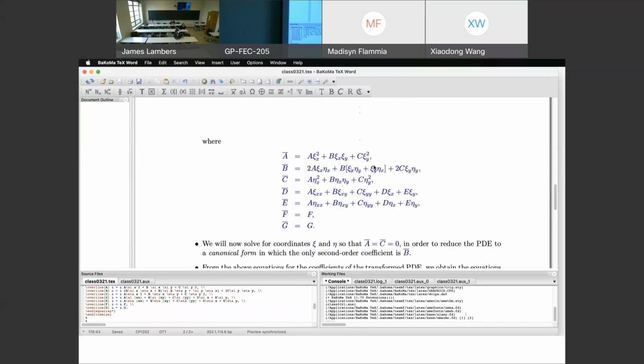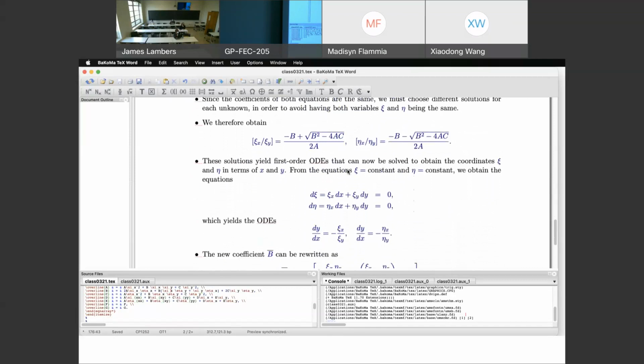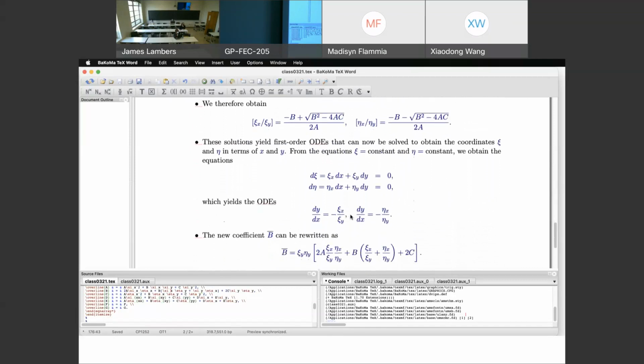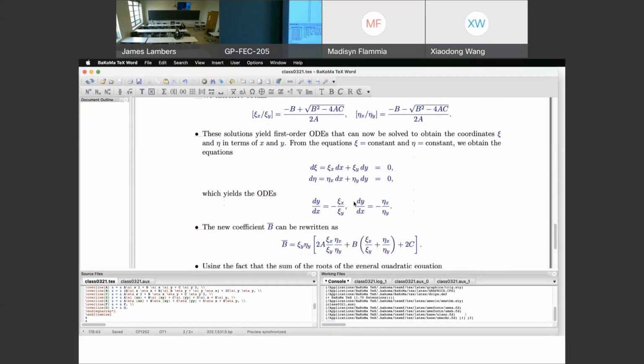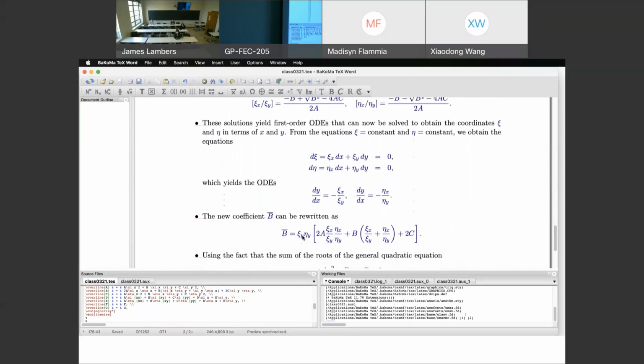And the reason I'm going to do that is it will lead to xi x over xi y, or eta x over eta y, in what's left behind after you factor out. And that's convenient because I know what these are from these roots. So I factor out xi y, eta y.